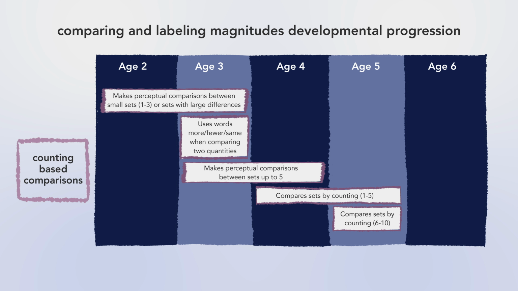Around age 3, most children can use more, fewer, and same language appropriately. It takes them a bit longer to be able to use counting, remember the 2 set sizes, and use that information to determine which is larger and which is smaller. But most get there before age 6.